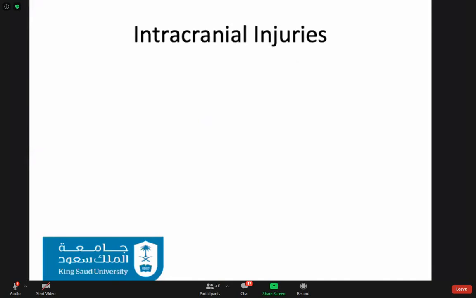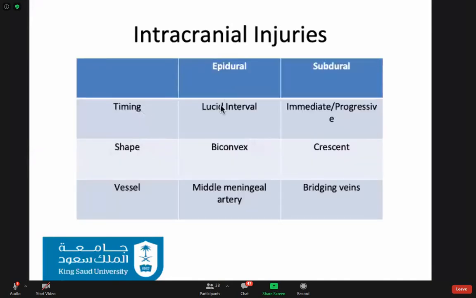What are the differences between these two things? The epidural has a lucid interval, meaning the patient can have an epidural but be initially fine. This is typically the classic presentation. It's not always there, but it's someone who comes in feeling fine, nothing happened, and then all of a sudden they decompensate. So they have a lucid interval where they're normal before they become very bad.